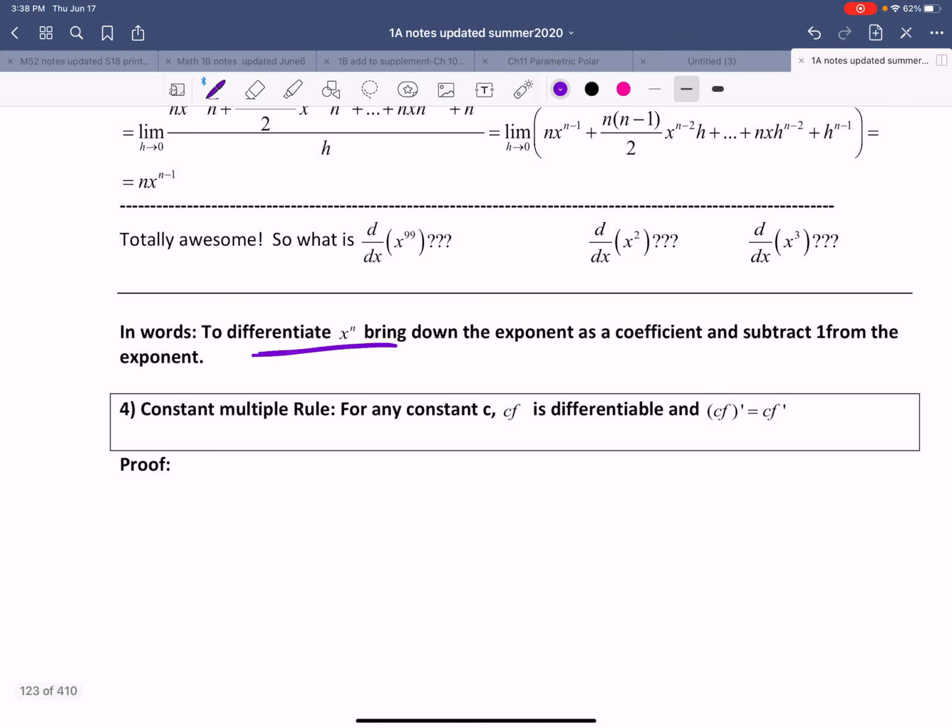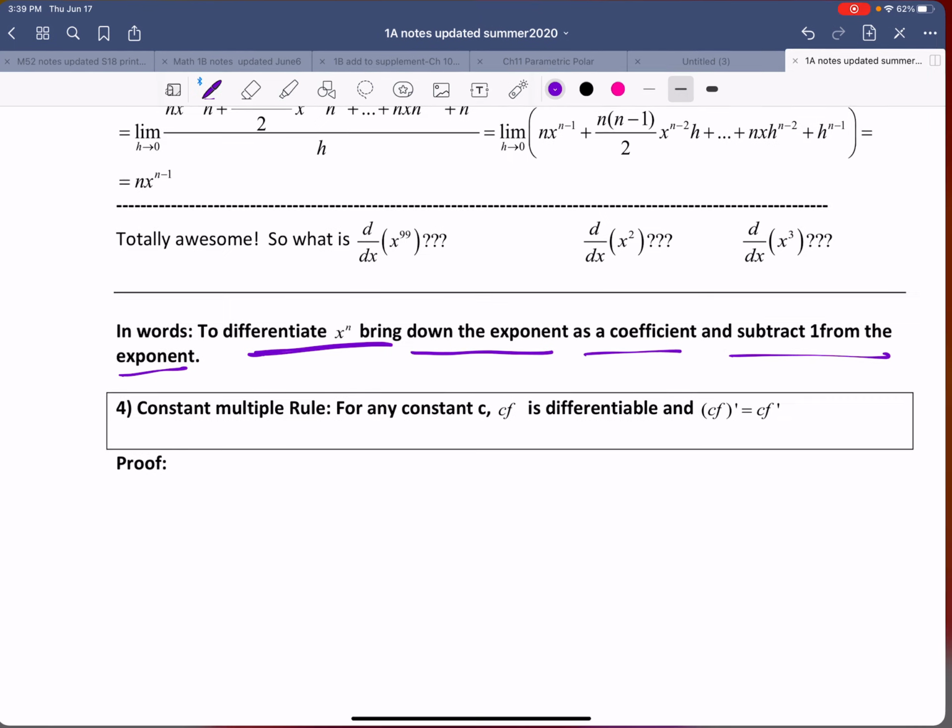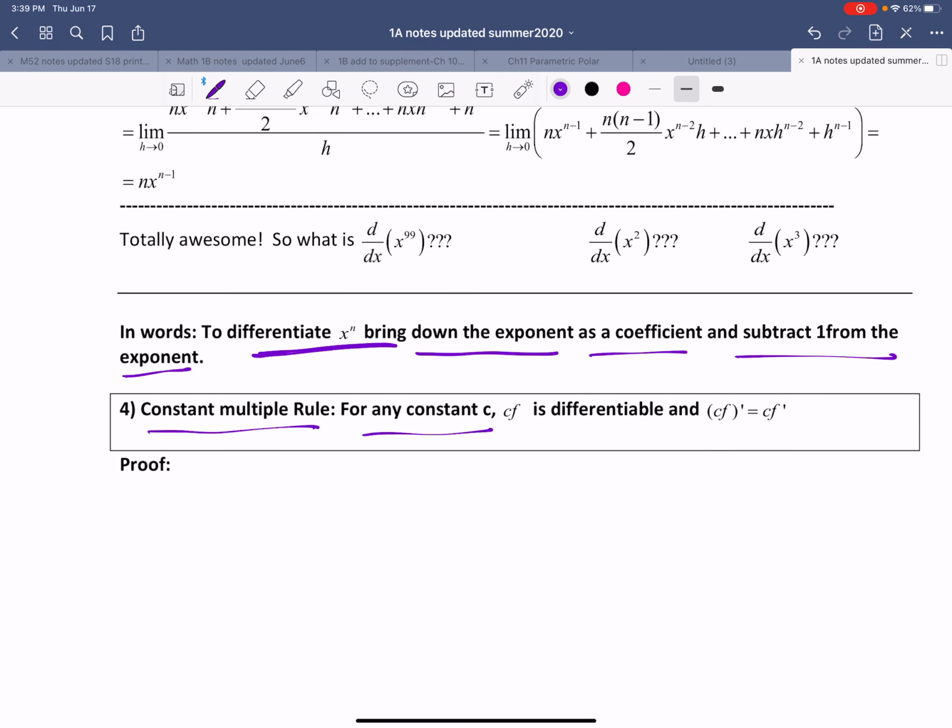To differentiate x to the power n, bring down the exponent as a coefficient and subtract 1 from the exponent. Constant multiple rule: for any constant c, if f is differentiable, the derivative of c times f is c times f prime. So if you're trying to find the derivative of 75x to the third, let me rewrite it here.